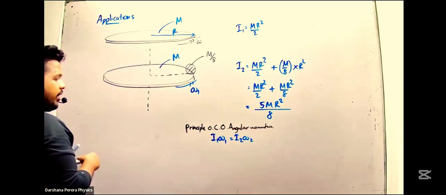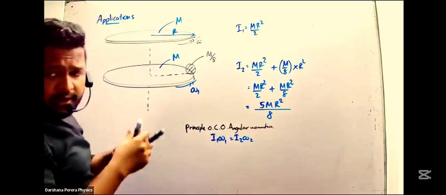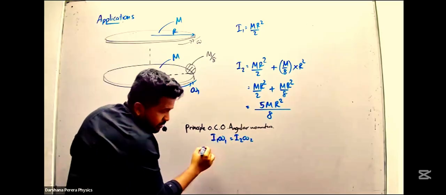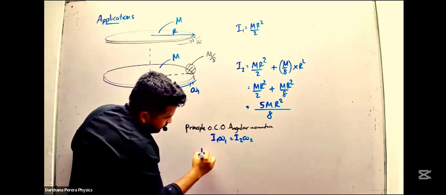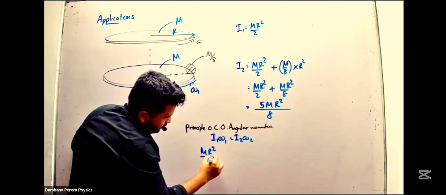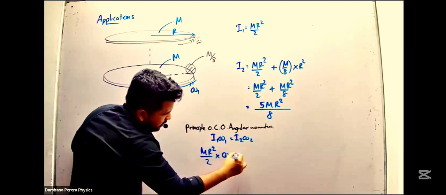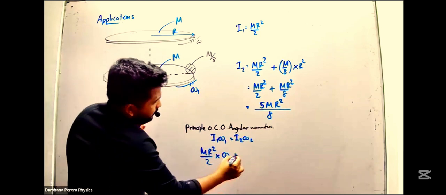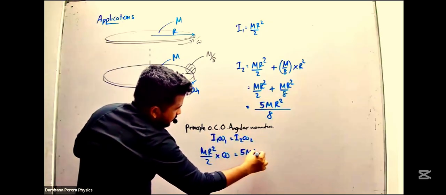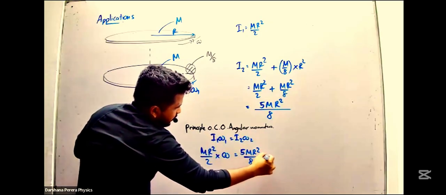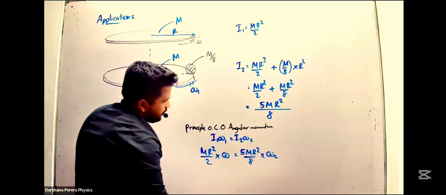I1 means M R square over 2, times omega, equals 5 M R square over 8 times omega 2.